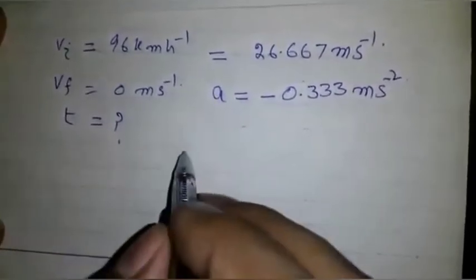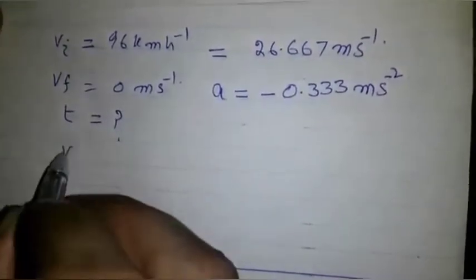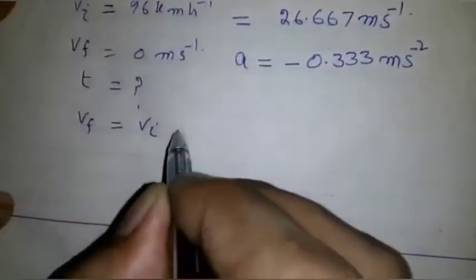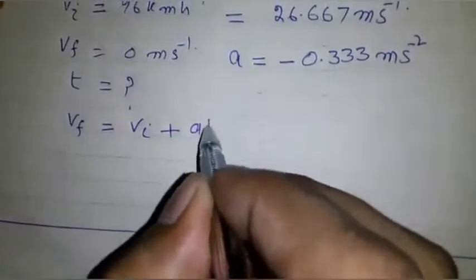Now we use the first equation of motion. Vf is equal to Vi plus At.